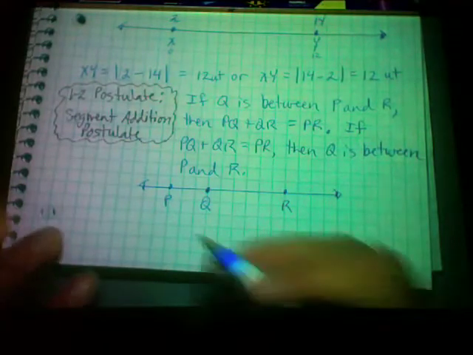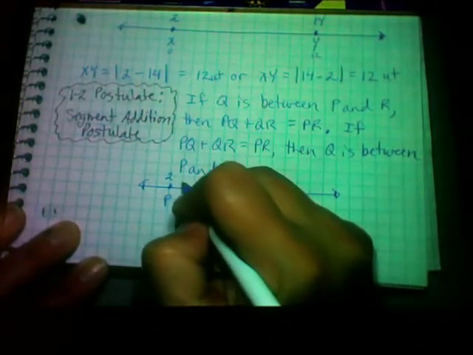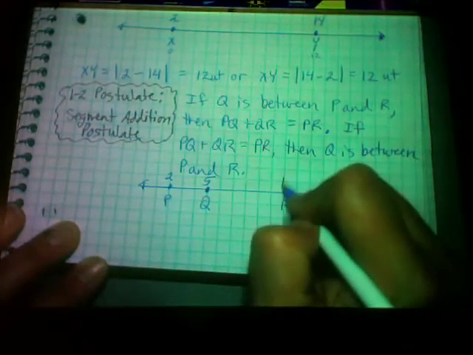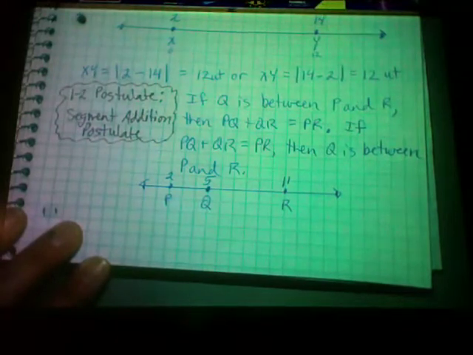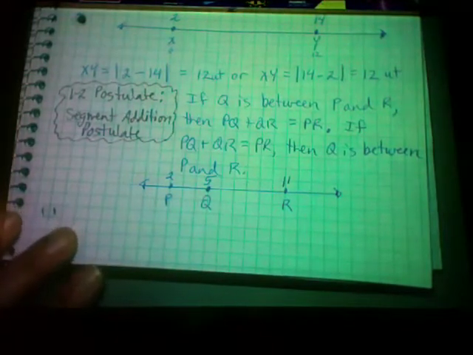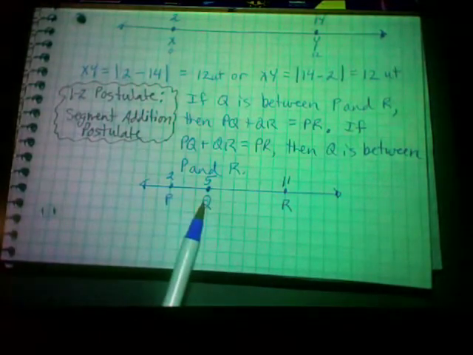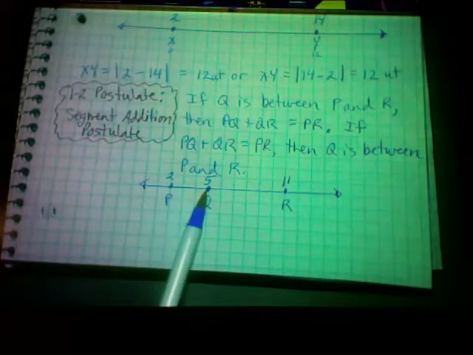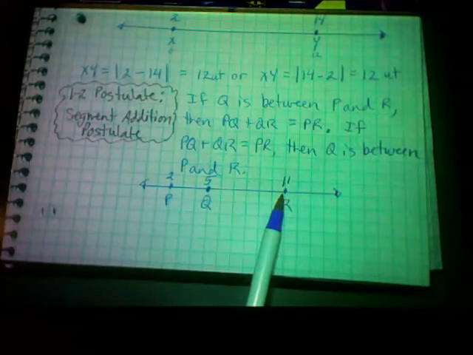So let's put some numbers to this number line. Let's say that this is 2. That means this would be 5. And that would be 11, right? And all this says is, what's the distance from P to Q? How far is it from P to Q? 3. How far is it from Q to R? 6, right?